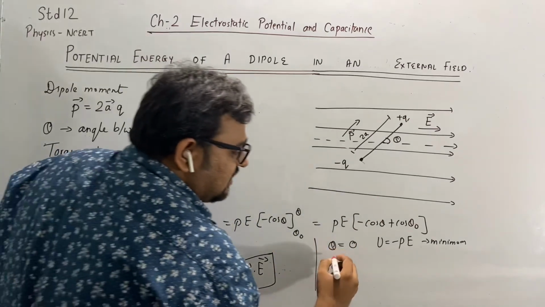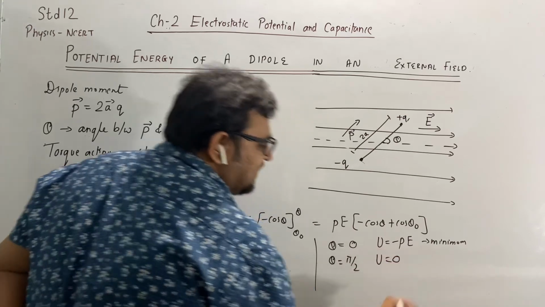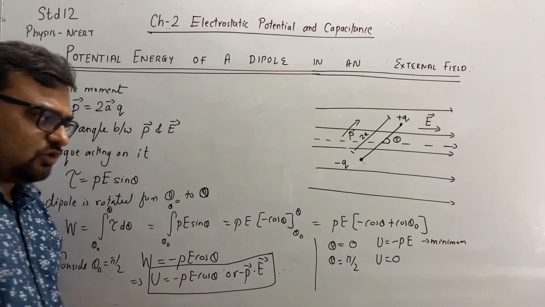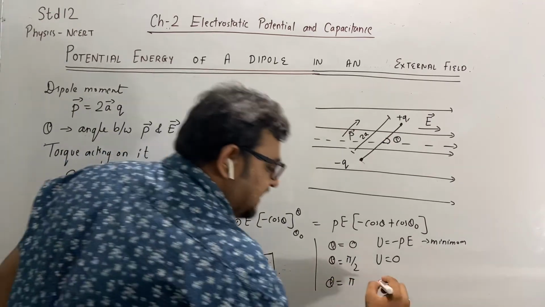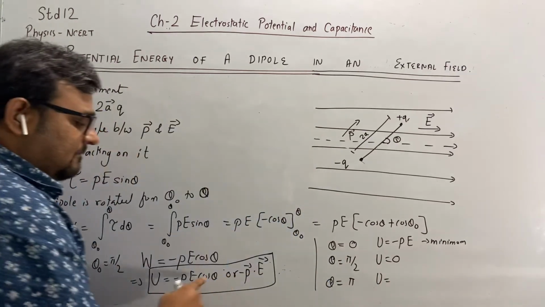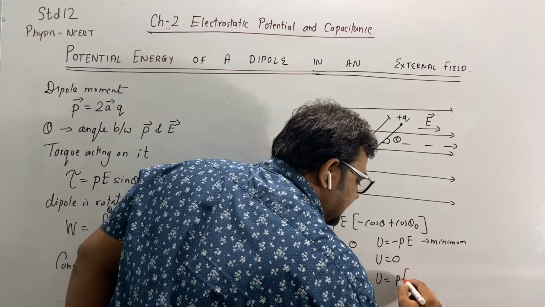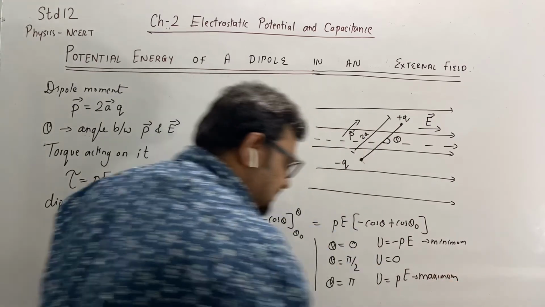Okay, theta equal to pi by 2. At that time, U will be equal to 0 because cos pi by 2 is 0. And if theta is equal to pi, that is 180, U equals minus cos 180, which is minus 1, so it is plus PE, that is maximum, because it's just opposite.